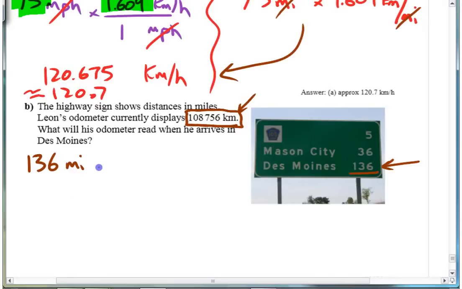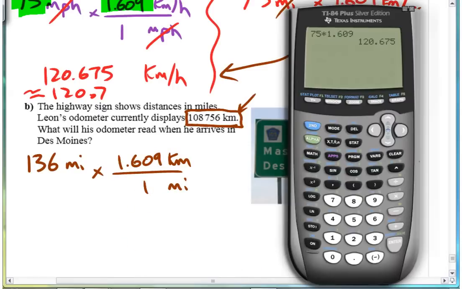and then you can tack it on, right? So same thing here. You have 1.609 kilometers in 1 mile. You multiply that on your calculator. 136 times 1.609.